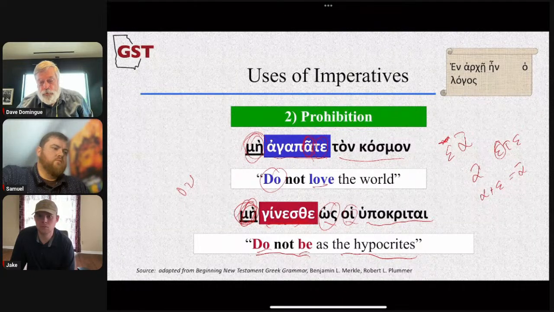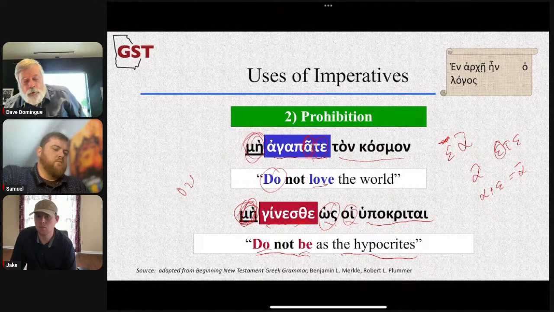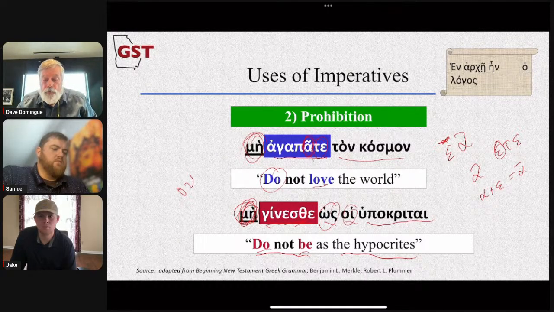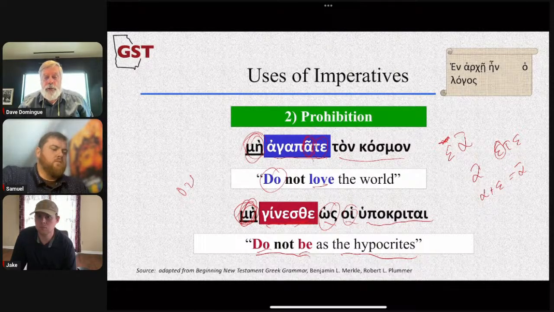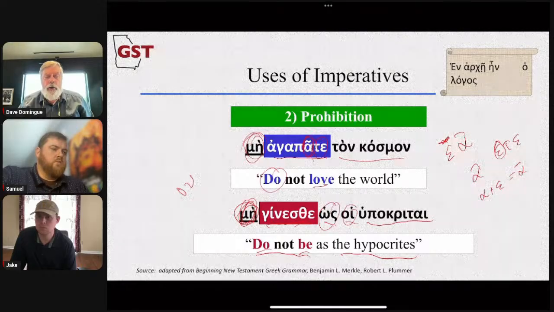They give you the example, mē nomisēte hoti ēlthon katalusai ton nomon ē tous prophētas, from Matthew 5:17. Do not think that I've come to abolish the law or the prophets. That is a stronger imperative than just using the imperative mood, and that's what they're trying to bring out here.